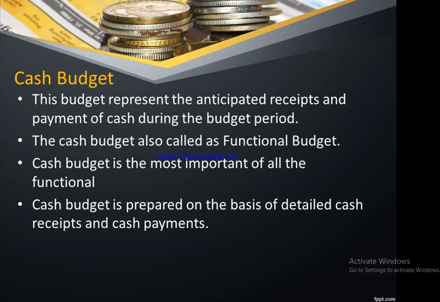It is prepared on the basis of cash receipts and cash payments. This sentence is very important: you're going to consider only cash receipts and cash payments during the budgeted period, and through that we will prepare this particular cash budget.